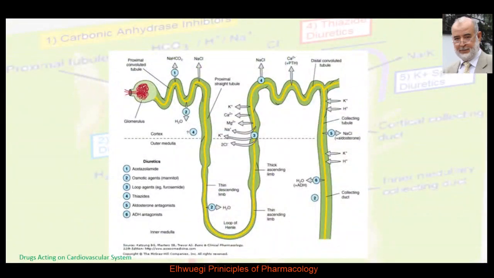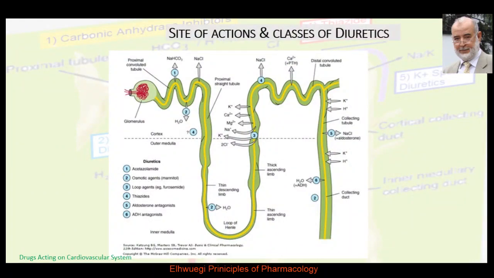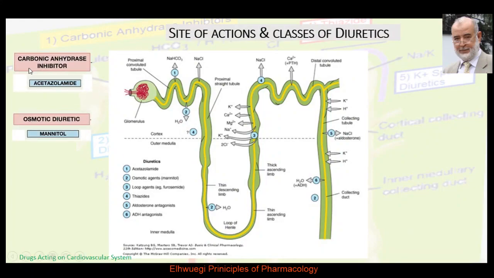Second, we'll talk about the sites of action of diuretics, where they act. The first group is known as carbonic anhydrase inhibitors, and the most famous example is acetazolamide, which is the prototype. This group acts at the proximal tubule, and we will see how they act there.